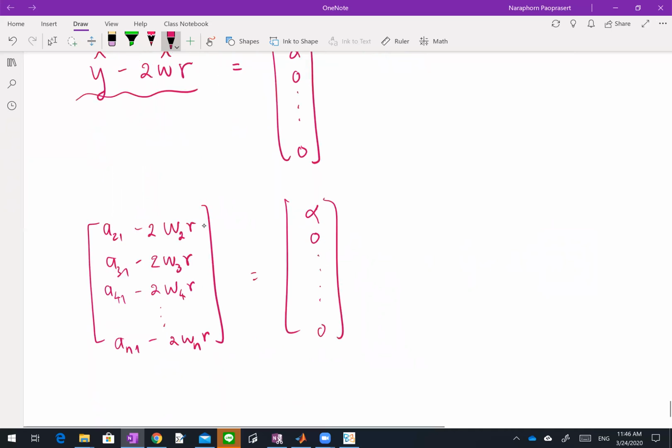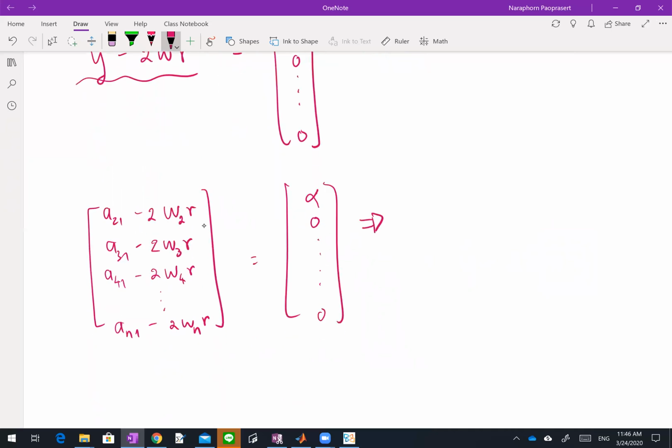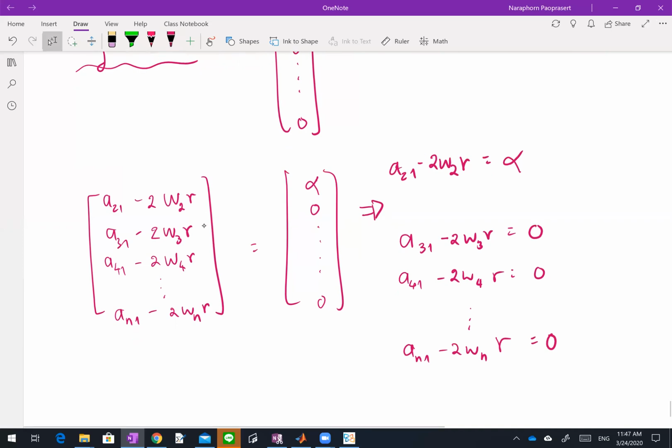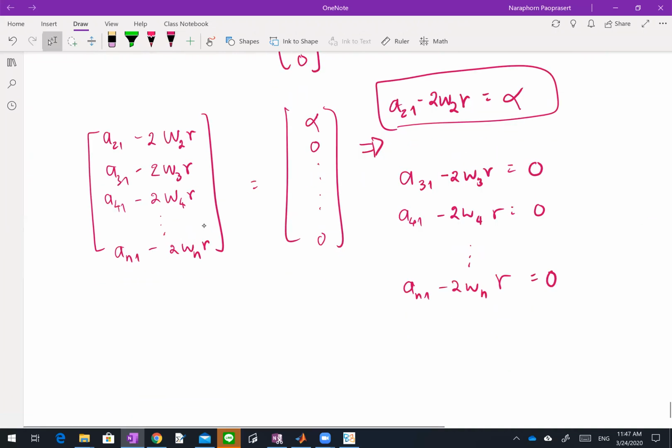So if you just do it one by one, that means that a21 minus 2w2r is equal to alpha. And a31 minus 2w3r is equal to 0. a41 minus 2w4r is equal to 0. an1 minus 2wnr is also equal to 0. So here from the equation in the box, just move the side a little bit.